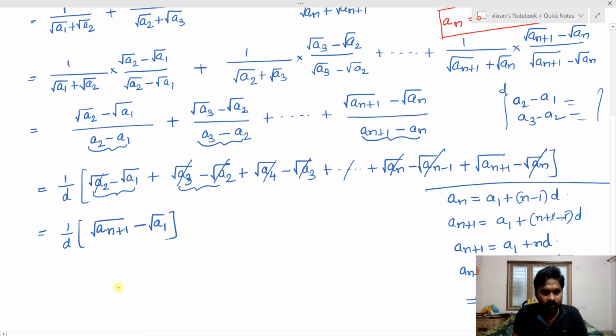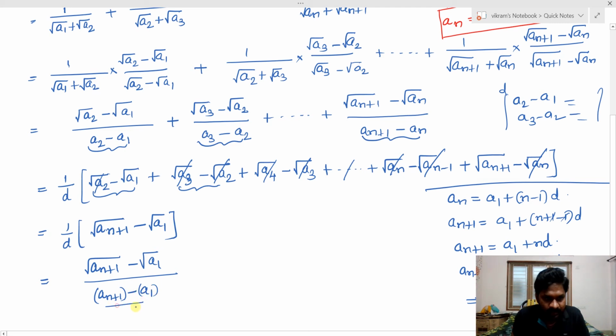Now replace the d over here. Then we'll get square root of a n plus 1 minus square root of a1 by a n plus 1 minus a1 by n.